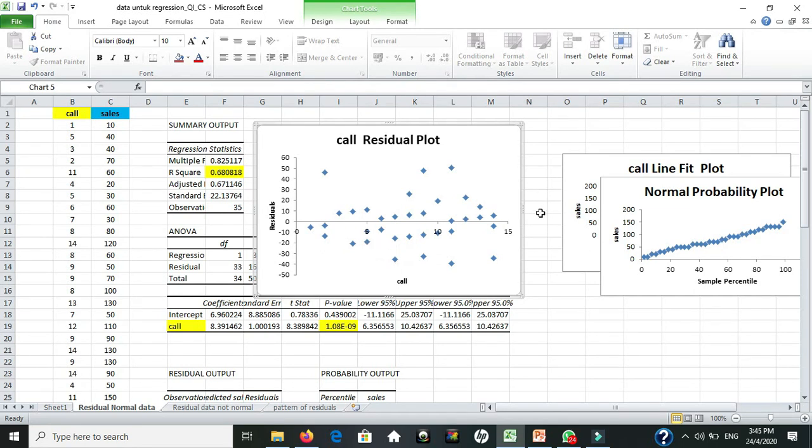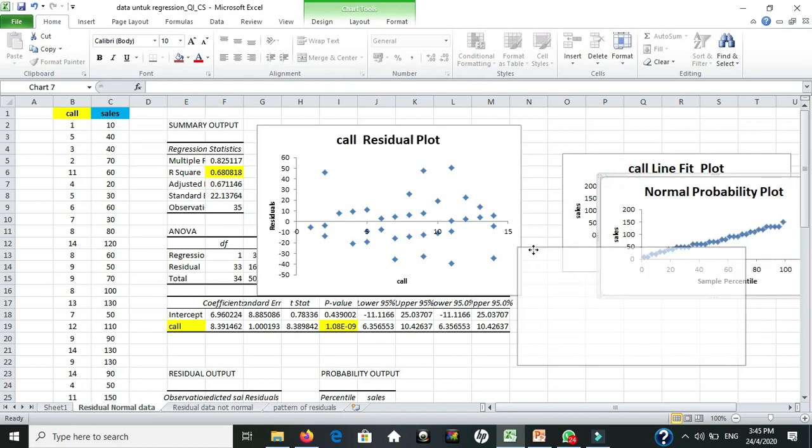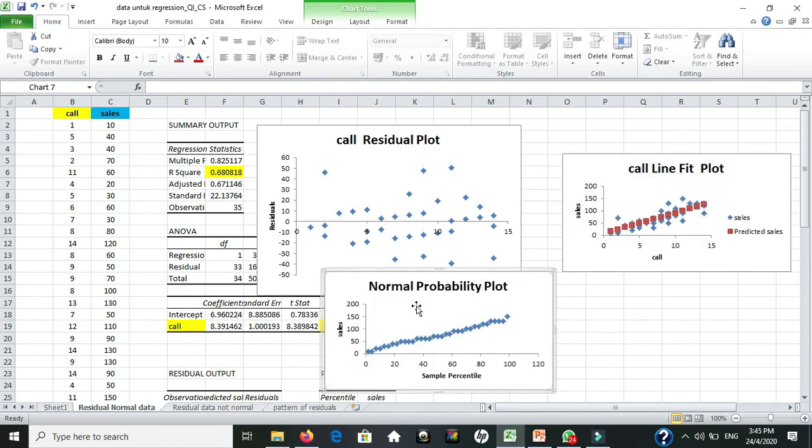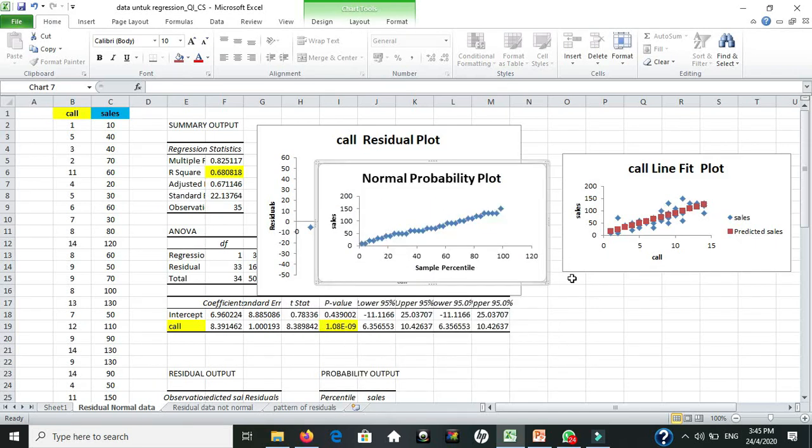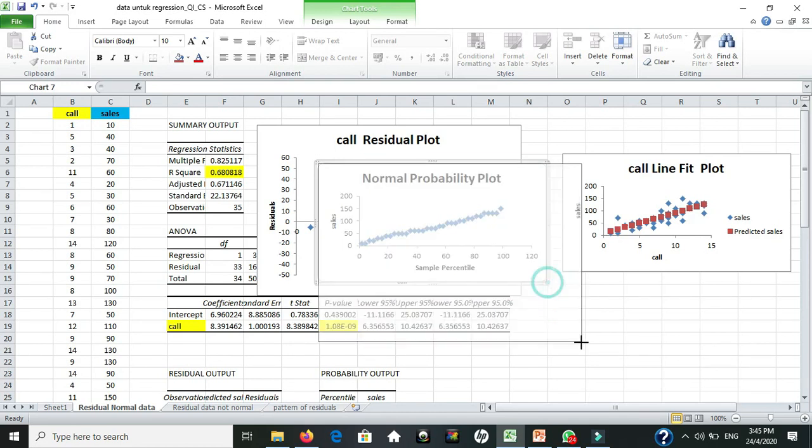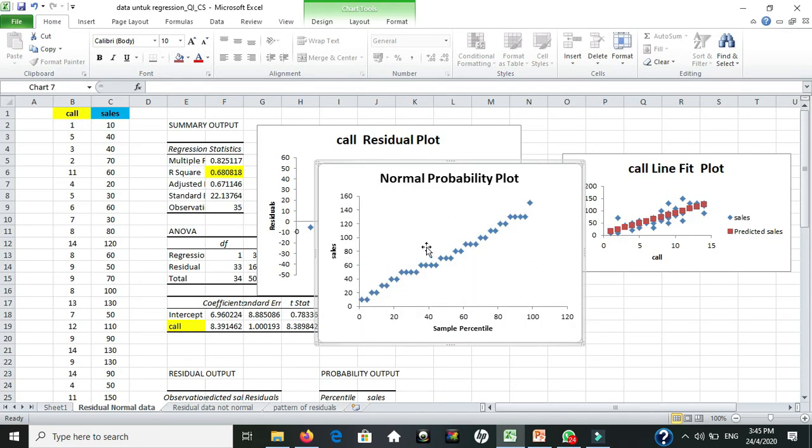Next, we can see the normal probability plot here. I just make it bigger. We try to observe the pattern of the blue dots here.